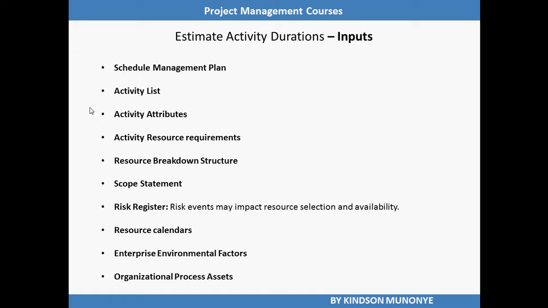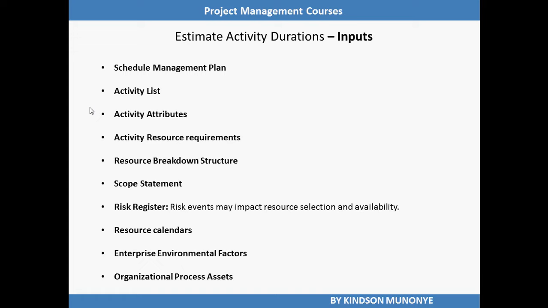Activity list: we need it because it identifies the activities that will need duration estimates. Activity attributes: the attributes provide the primary data input for use in estimating activity durations required for each activity in the activity list.